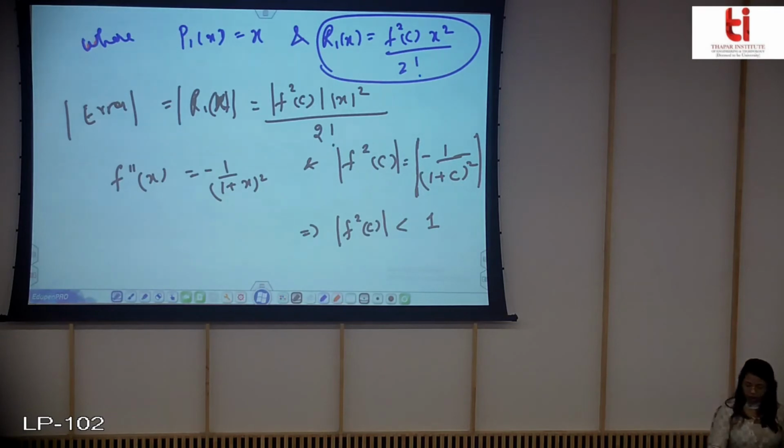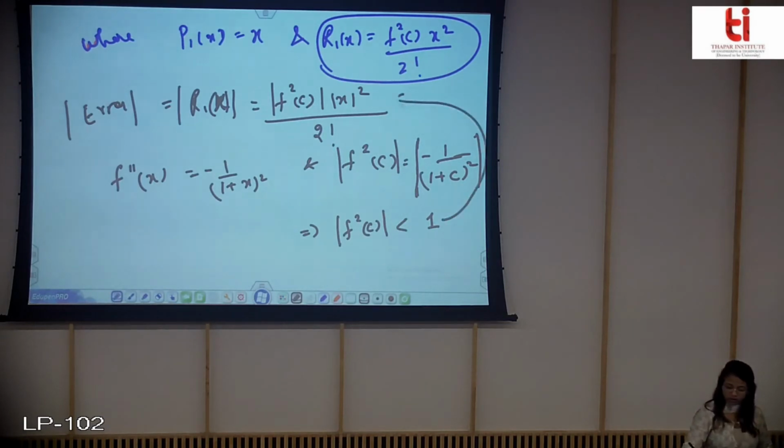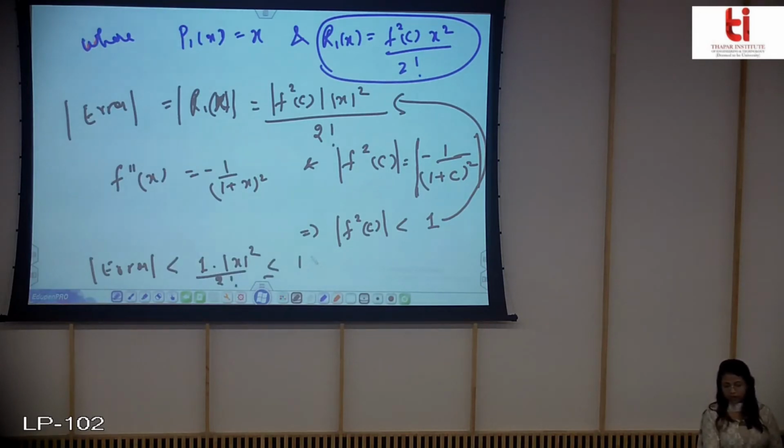Okay, so now putting this value in this, what will we get? We will get the error will be less than, I put the bound, 1 x square by 2 factorial. Now this is given to be 1% of the value of x.